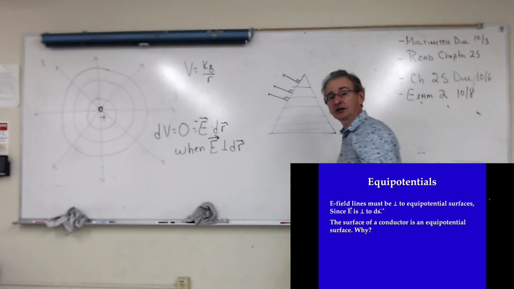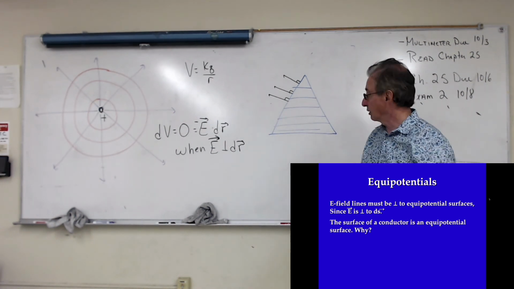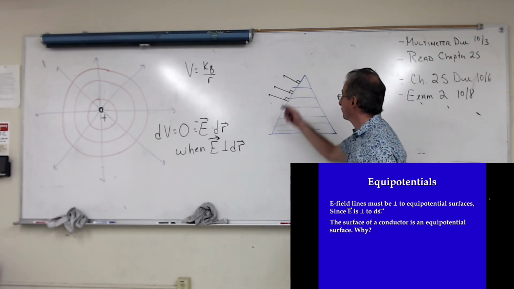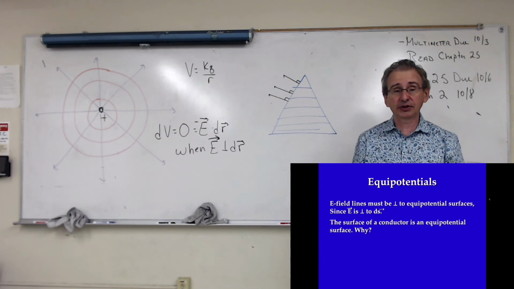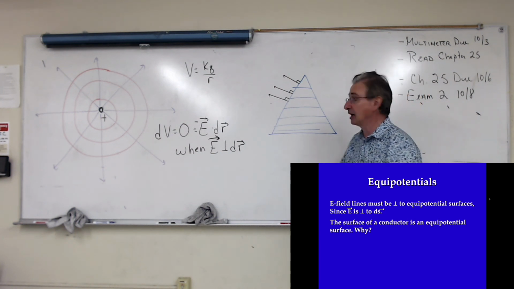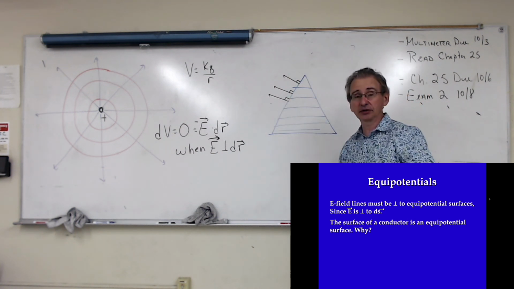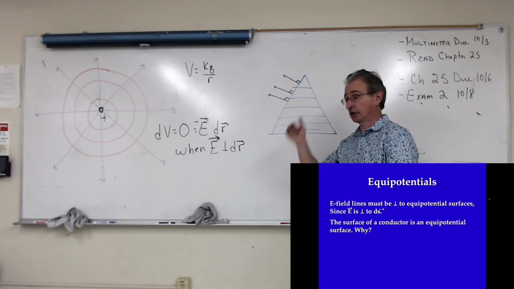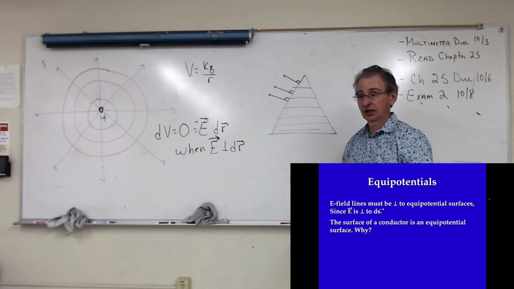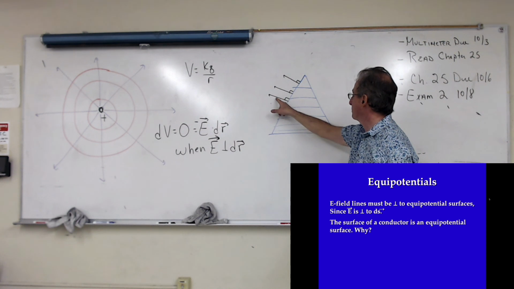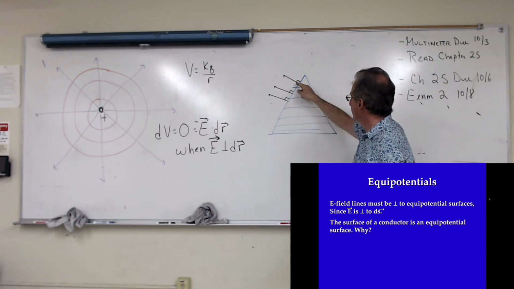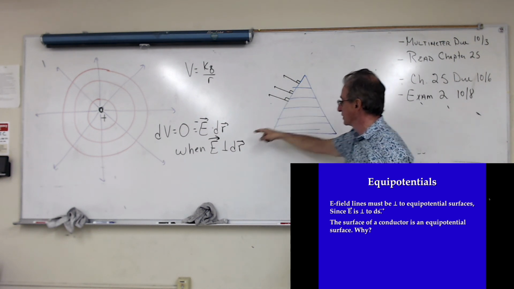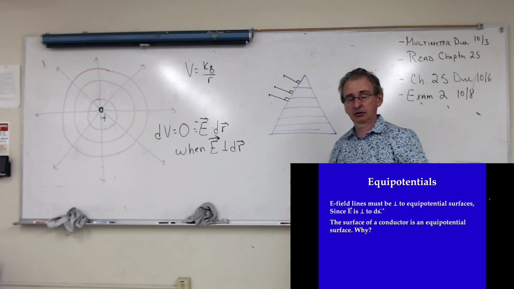When we talked about conductors in electrostatic equilibrium, the one thing we established was that the electric field has to be directed perpendicular to the conductor. It cannot have a component along the surface of a conductor, because then an electron would experience a force along the surface. And since the field is perpendicular to the surface, if you move along the surface, the potential change has to be zero.